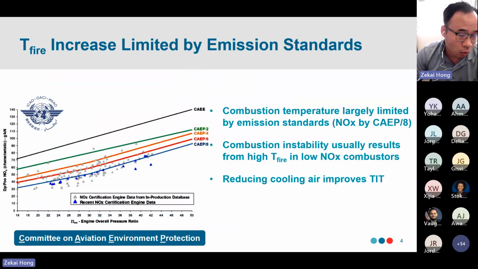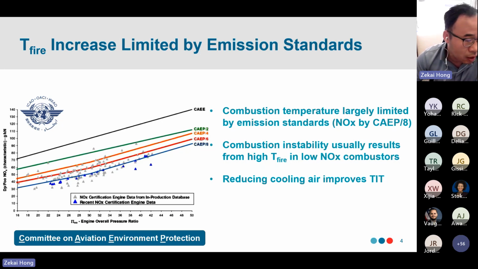Then the question is, why can't we just go ahead and increase the T5 or T-flame? Well, the answer is that T5 is limited by emission standards. We really cannot increase T-flame too much because the NOx emission is capped right now.